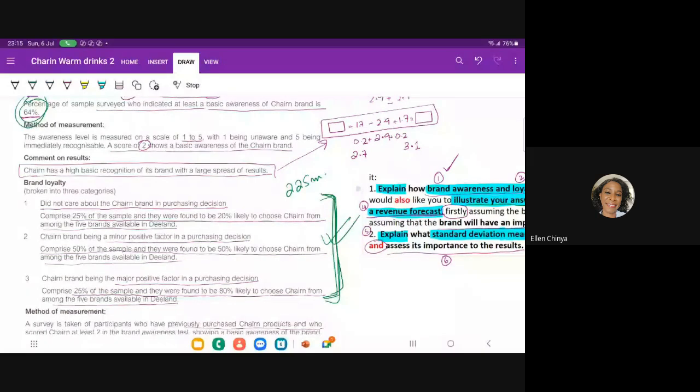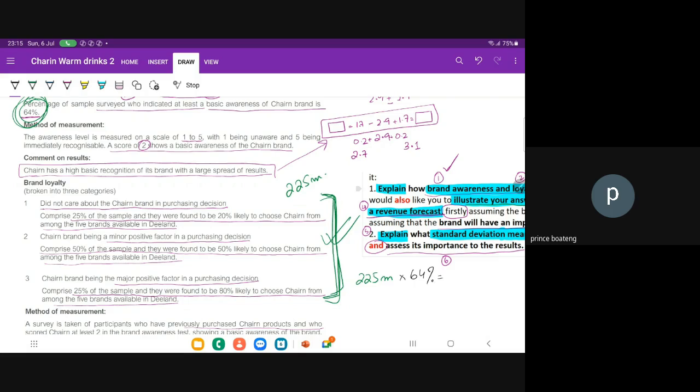Okay, tell me one thing. 225 million. Do you think we will apply the 64% or not? Yes, we will, especially if you want to know the percentage of customers in relation to their loyalty to a brand.